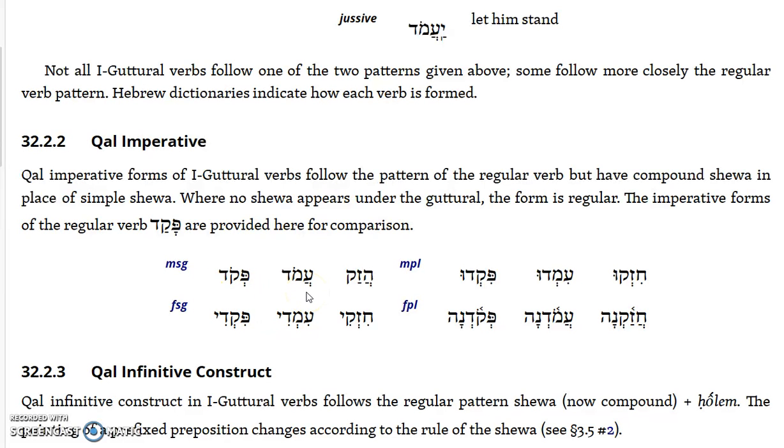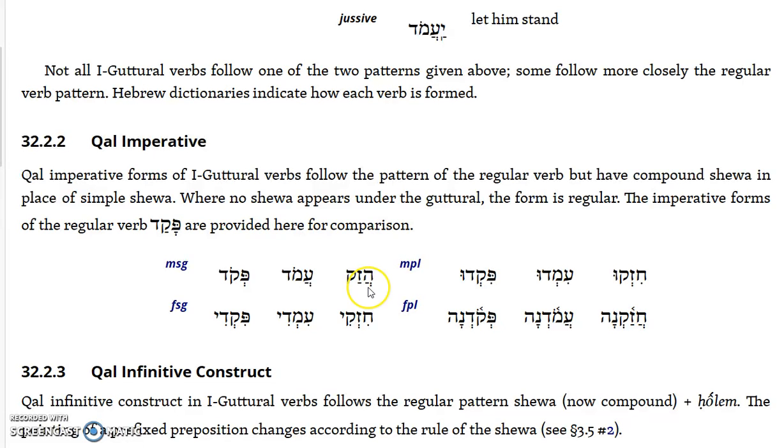And with amad, you should get a shavah under the first consonant and a holem under the second consonant, but because of the guttural, it gets a hataf patah. And then the same thing with chazaq. You end up with a hataf patah.